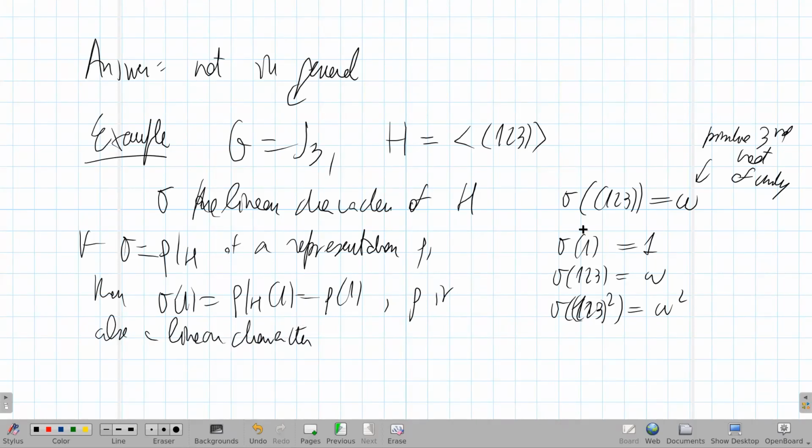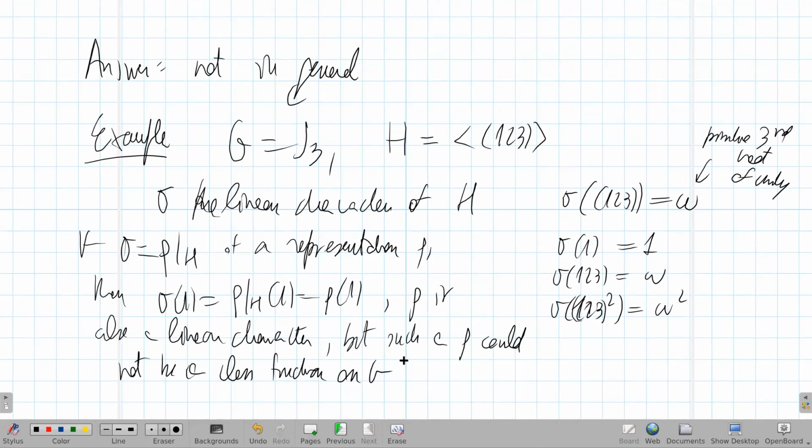But then there is a problem, because such a rho could not be a class function on G. What does it mean?